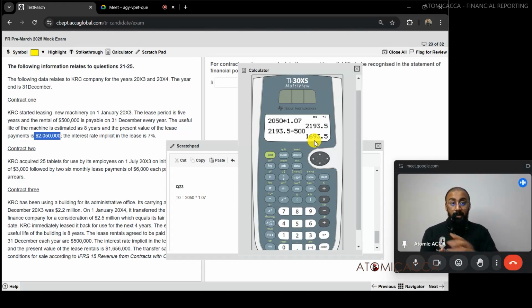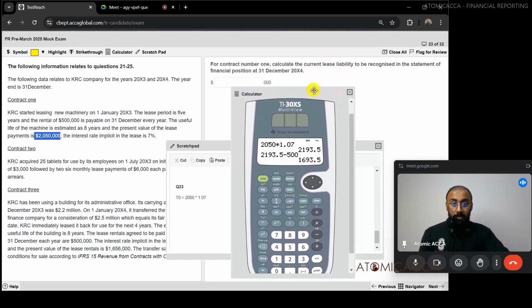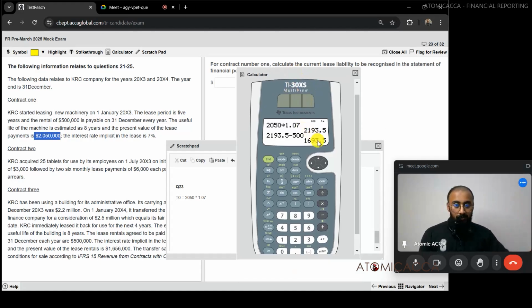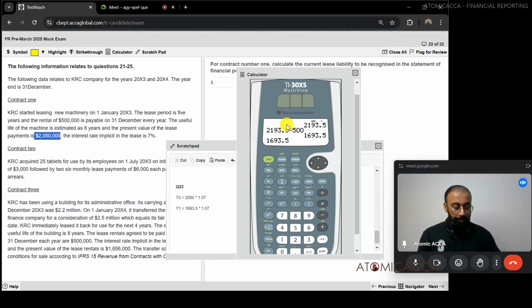Now I need to find out the current liability to be recognized in the SOFP at 31st December X4. So I have to jump one more year forward. So 1693.5 at T1, into 1.07.